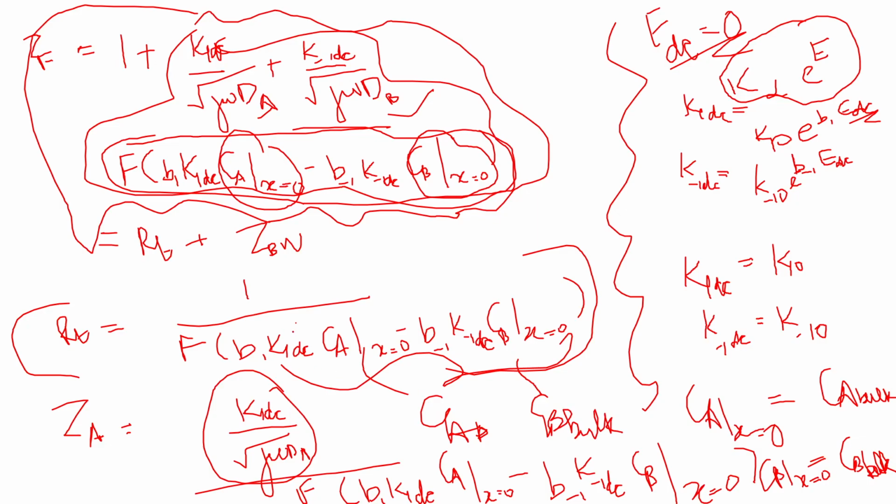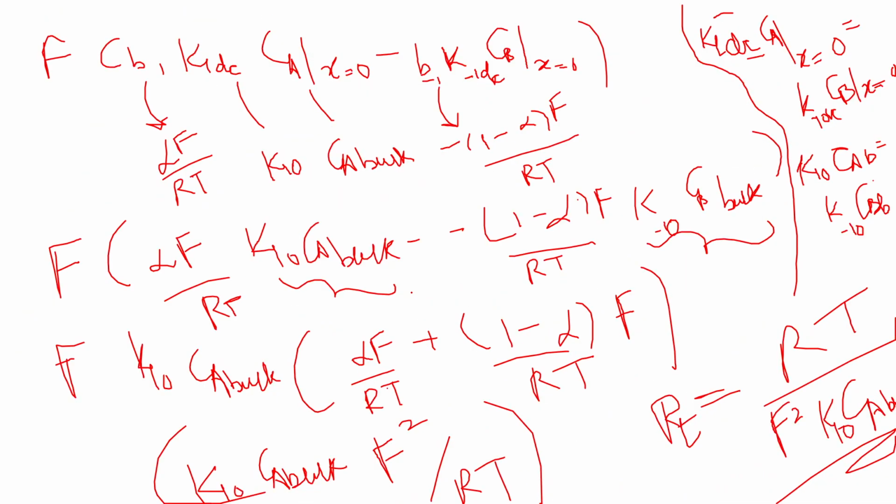You have K1 DC equal to K1 0, K minus 1 DC as K minus 1 0. Or else you substitute back into the RT equation. B1 equal to alpha F by RT, that's also known.